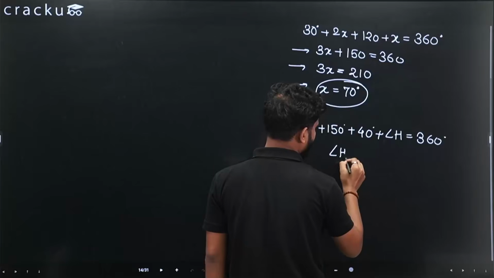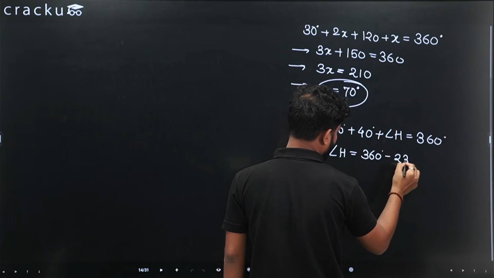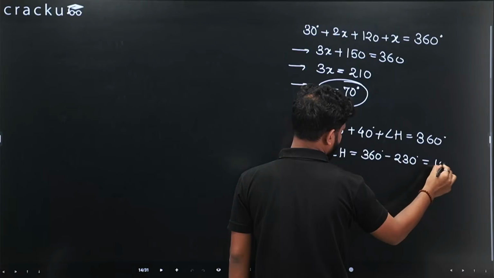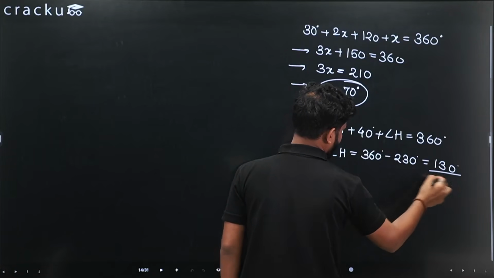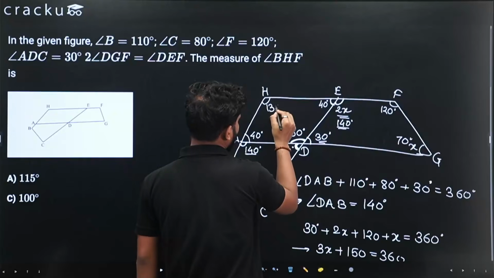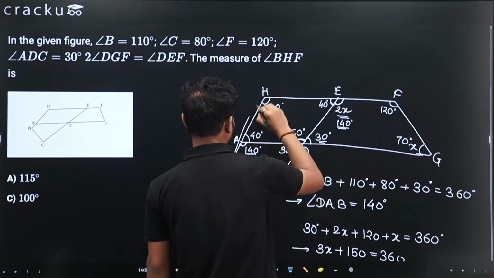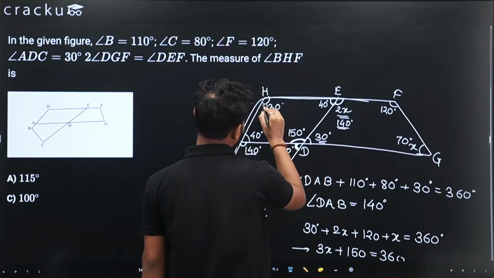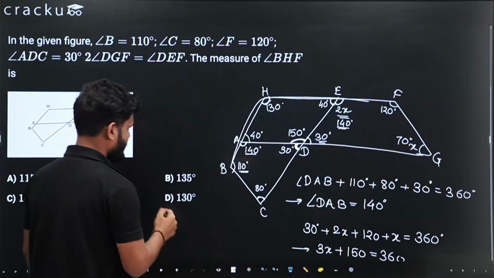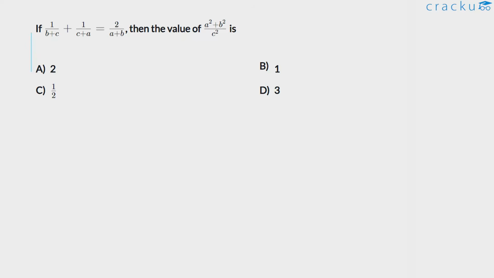So angle H will be 360 degrees minus 230 degrees, which is nothing but 130 degrees. Right? And what we need to find is BHF. This angle is 130 degrees. It is given in option D. So option D is the correct choice here.